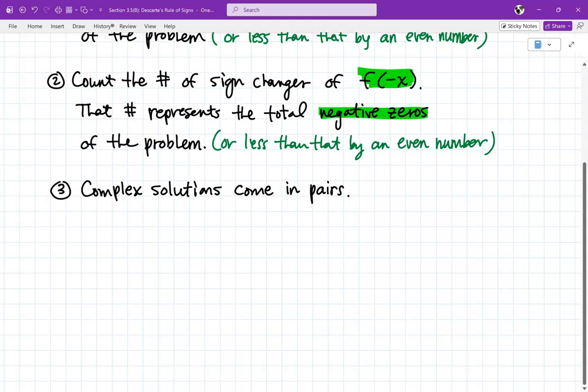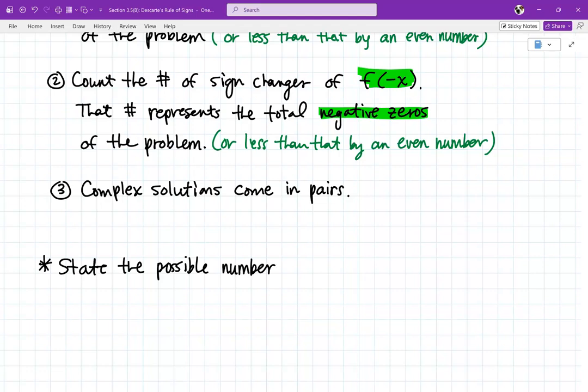So number 9. Okay, we're going to state the possible number. This is the instruction for all 9 through 14, okay?